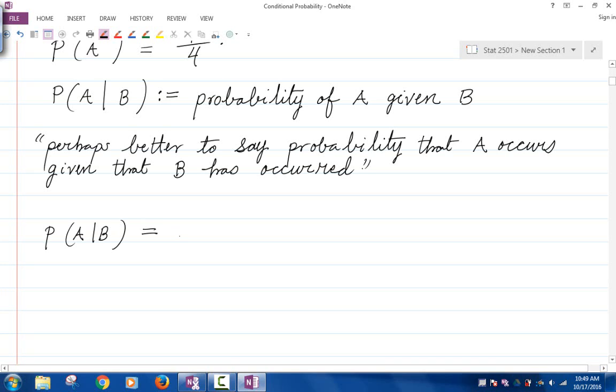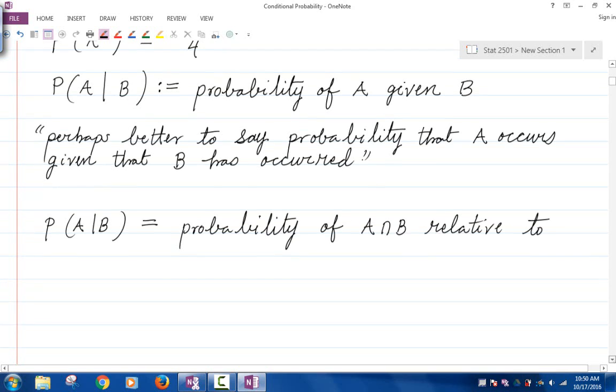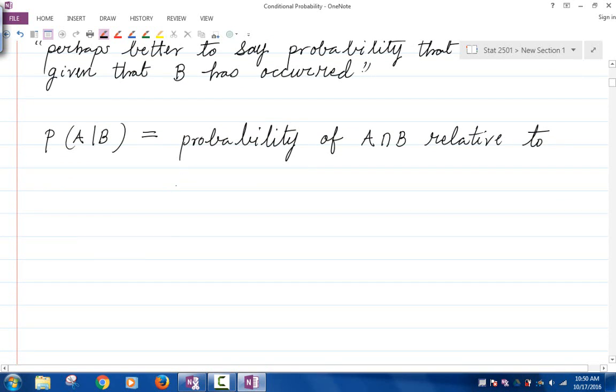And so this probability of A given B should be the probability of A intersect B relative to the reduced sample space B. So notice the word reduced.